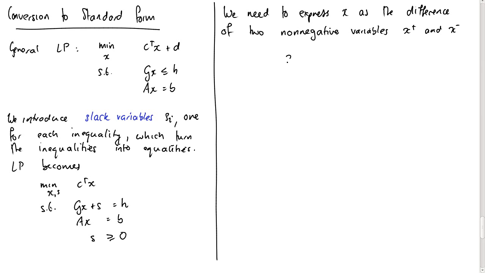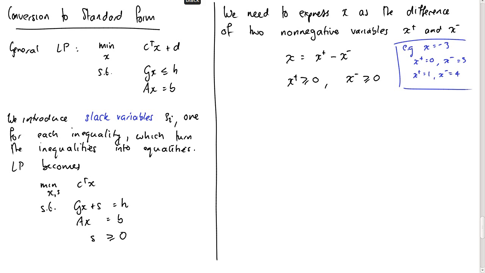So we write x equals x plus minus x minus, and x plus is greater than or equal to 0, and x minus is greater than or equal to 0. Make sense? So, for example, if x equals negative 3, then one way you could have that is you could have x plus equals 0, x minus equals 3. Both x plus and x minus are non-negative. Take them away from each other, and you get x equals negative 3. Note it's not the only way. You could also have x plus equals 1, x minus equals 4, etc.